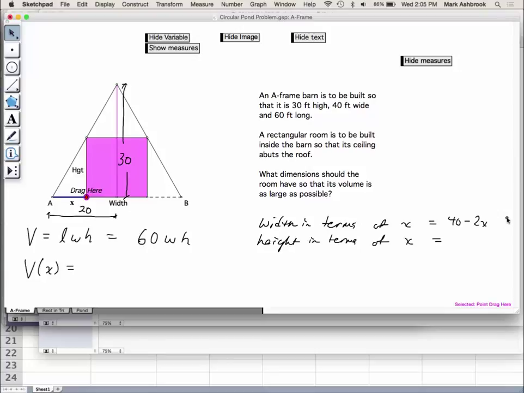What about the height in terms of x? What's the key here? You've got to recognize the relationship you have going on here that's going to make it really easy. Height and x, 30 and 20. What's going on here?